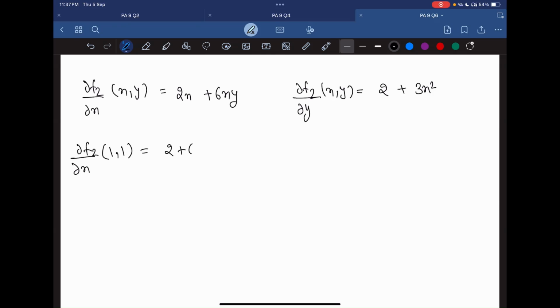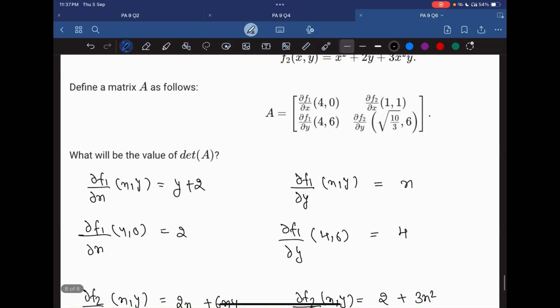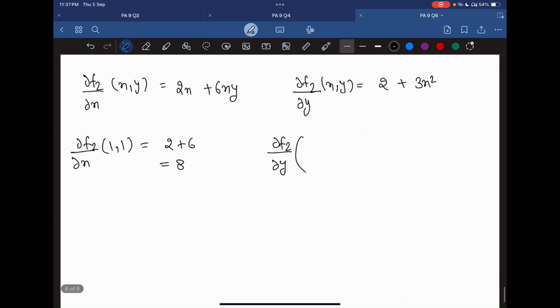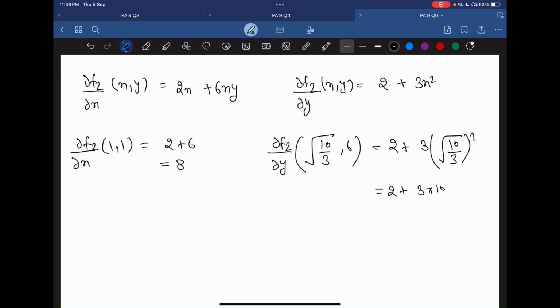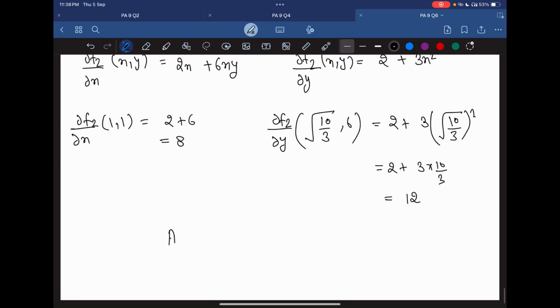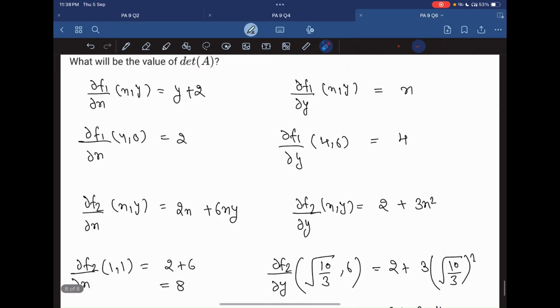So it will be 2 plus 6, that is 8. And here we need to calculate it at square root of 10 by 3 comma 6: 2 plus 3 times square root of 10 by 3 squared, so that is 3 into 10 by 3, that is 10, plus 2 is 12. So now we have calculated all the values, so let's put them down one by one.